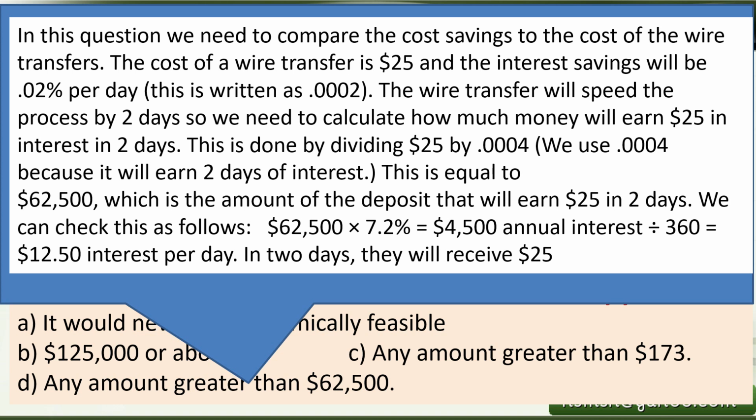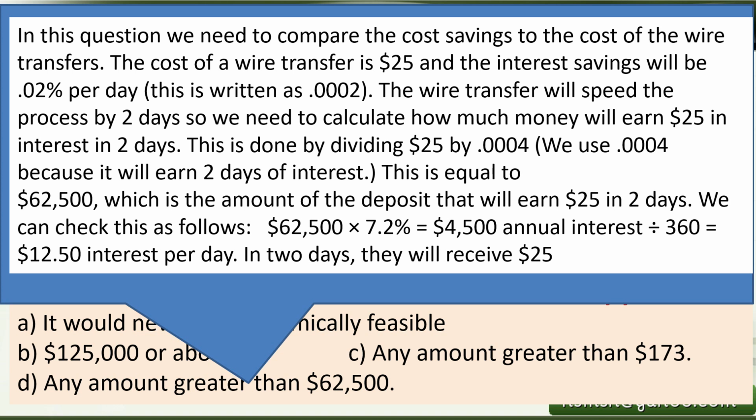In this question, we need to compare the cost savings to the cost of the wire transfers. The cost of a wire transfer is $25, and the interest savings will be 0.02% per day. This is the per day interest, because the interest rate is 7.2% divided by 360 days.